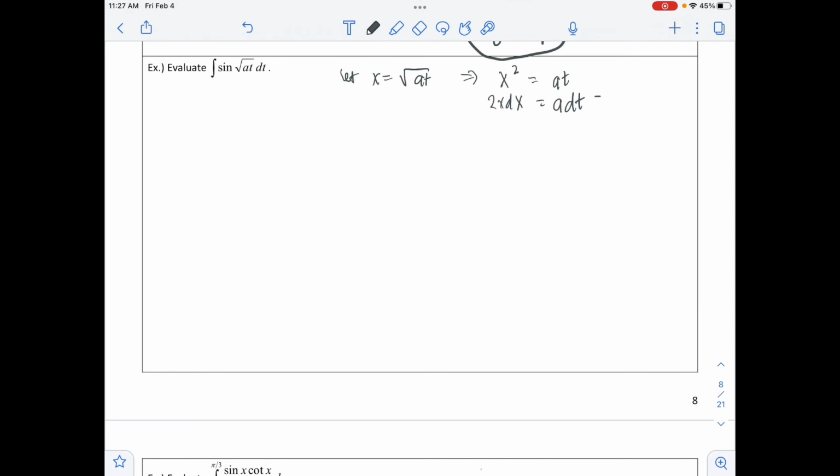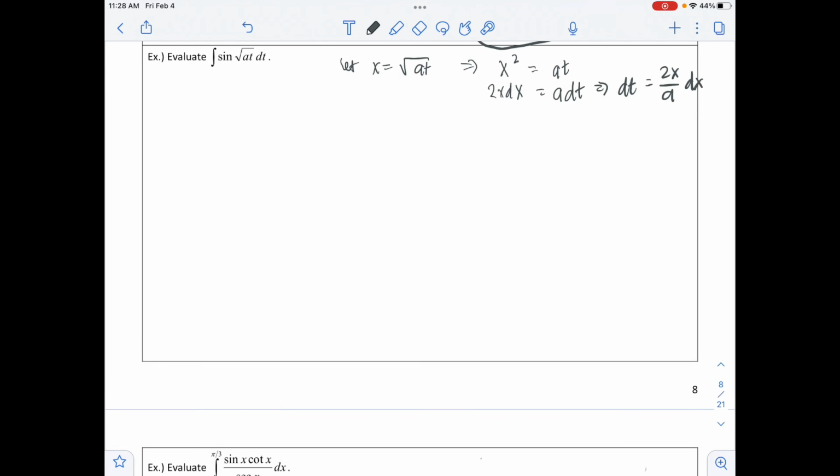And so from here, I know that dt is equal to 2x over a dx. So the integral that we have originally, which is the integral of sine of square root of at dt, if I use this substitution, this is now going to become the integral of sine of x times, and then dt is the same thing as 2x over a dx.